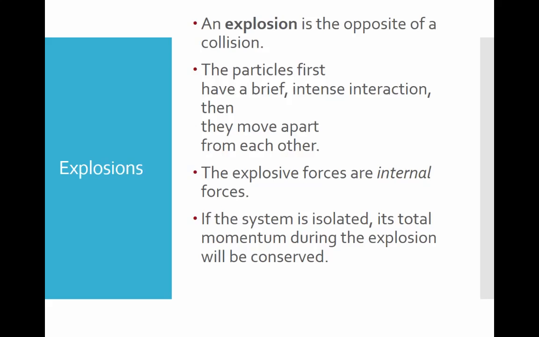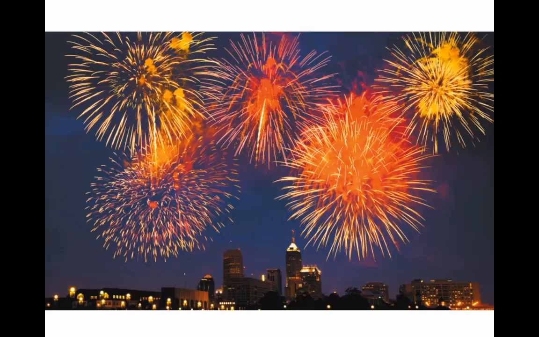And so as far as one piece goes in one direction, another piece has to go in the opposite direction to cancel that out so that we have an F net of 0. So total momentum will still be conserved. So think about that when we start watching fireworks this summer.